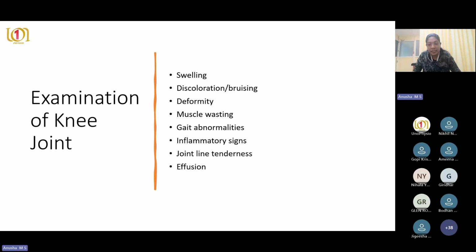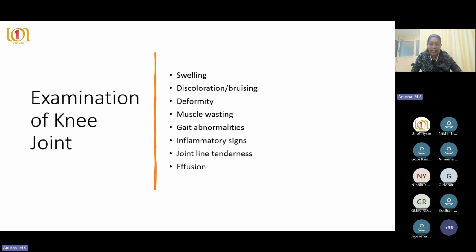In case of cartilage injuries, you should not use this exercise because it causes a compressive effect on the knee joint. So this compressive force will have a deteriorating effect if they have a chondral pathology. That is, if they have a cartilage pathology, this compressive force is going to deteriorate the condition.